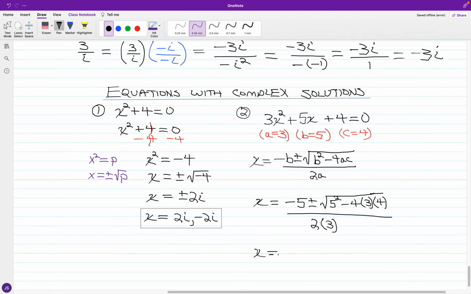Okay, so we got -5 plus or minus. And for b squared, so we got 5 squared is 25. -4 times 3 is -12 times 4 is -48. Then we have all over 6.